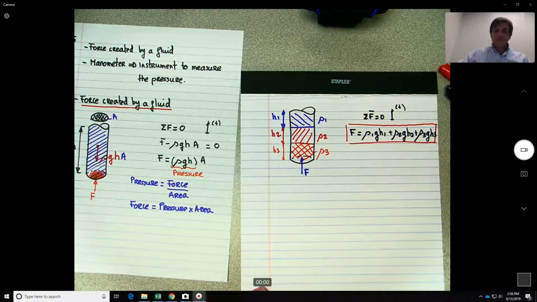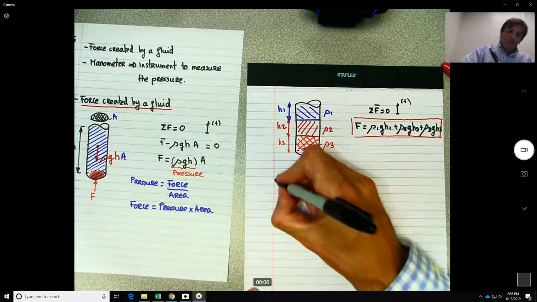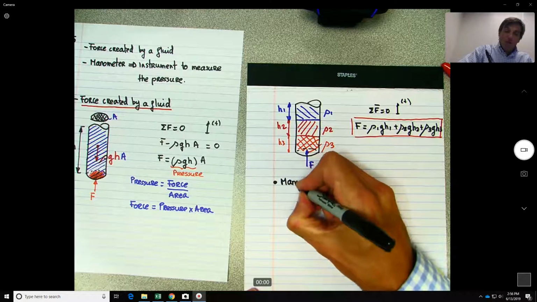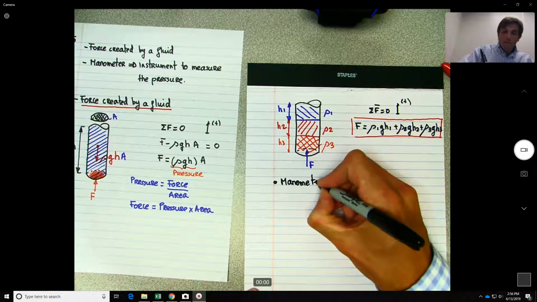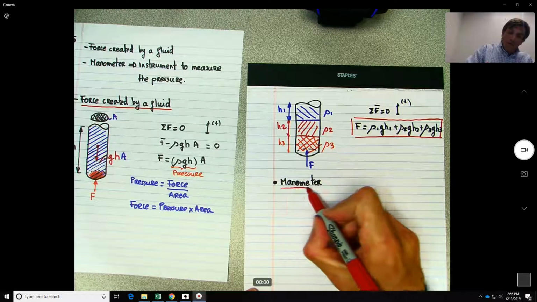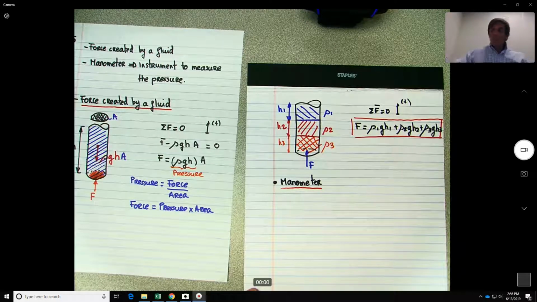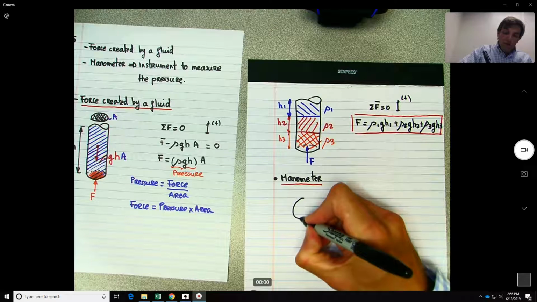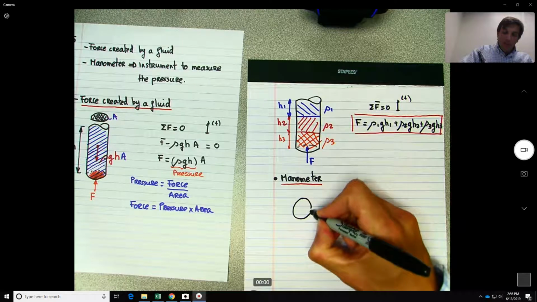Okay. So let's go to the first application, which will be to look at the manometer. So the manometer is generally a container that contains some type of gas.